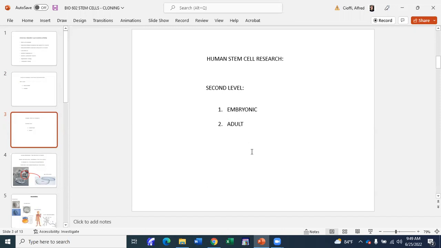But basically, to obtain those stem cells, there is no significant harm to the human body, all right? Basically, what is needed is consent from the donor. And if the donor is a minor, then consent from the parents, as long as there is no significant harm or risk to the child in obtaining these stem cells. But we have a variety of sources of stem cells in our body, including human blood, that is fairly easy to obtain without any significant harm to the person.